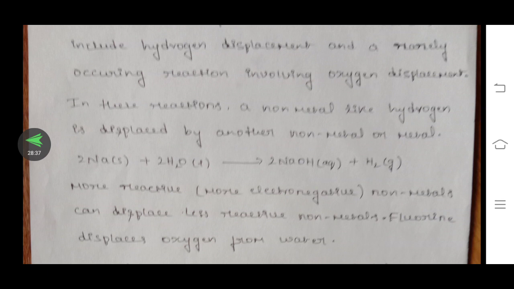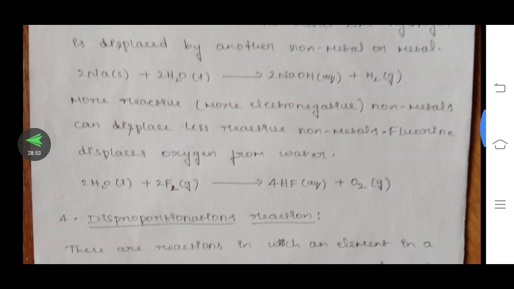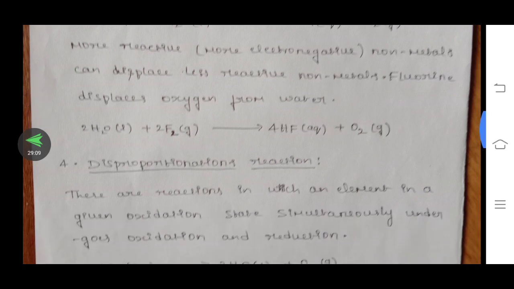More reactive, more electronegative non-metals can displace less reactive non-metals. Fluorine displaces oxygen from water because fluorine is more electronegative than oxygen. 2H2O plus 2F2 gives 4HF plus O2. So because fluorine is the more electronegative element, oxygen is liberated.